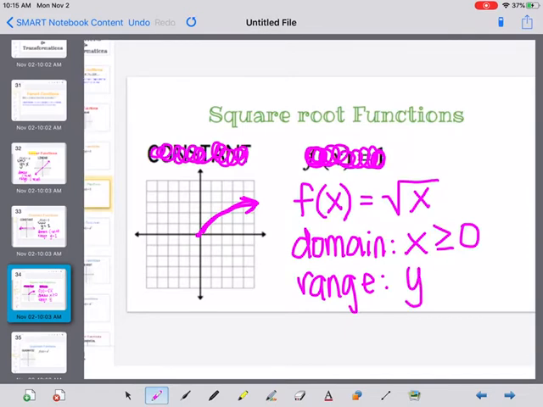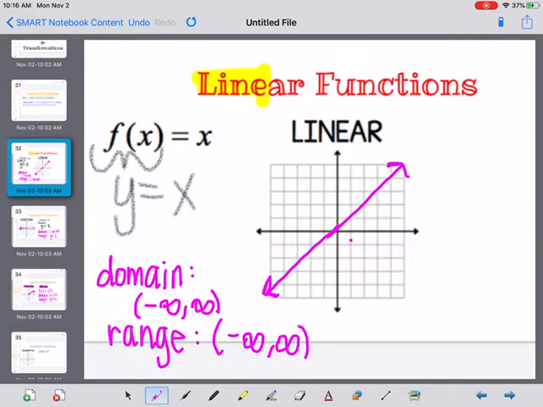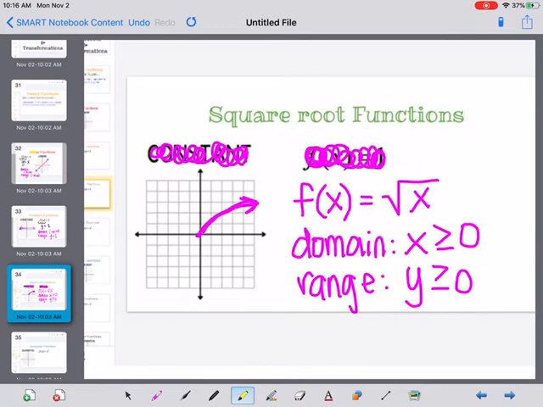So positive infinity, but where is it starting? Where's my y value starting at? 0. So they're both starting at 0. Your parent functions start at 0 or go through your origin. Either way, this starts at 0 or goes through 0. So you're going to notice that your parent functions always either go through 0 or start at the origin.